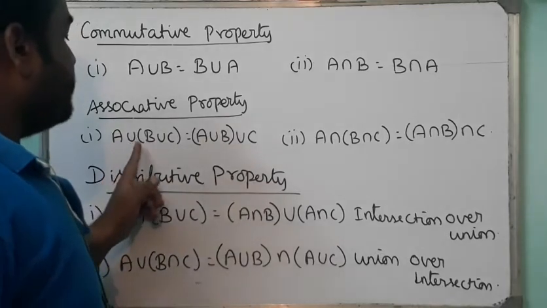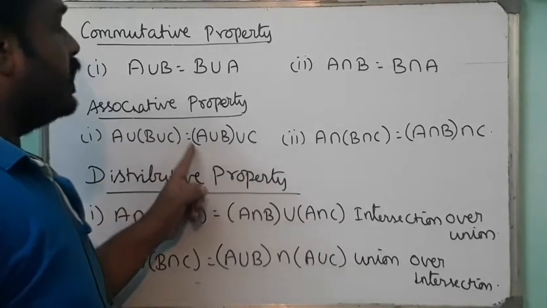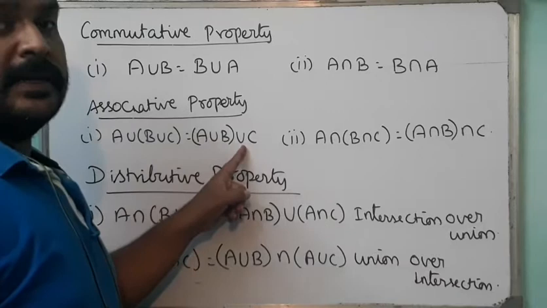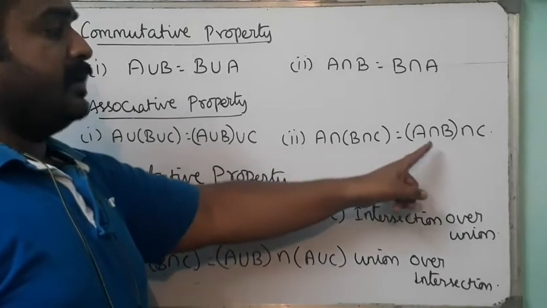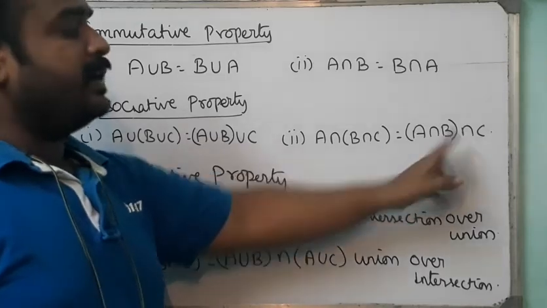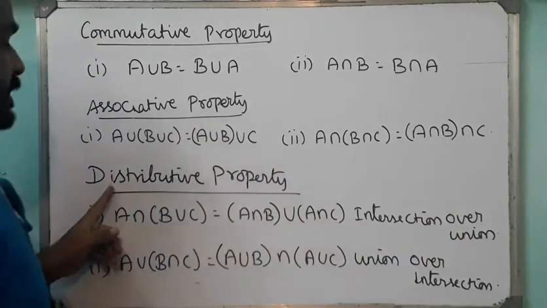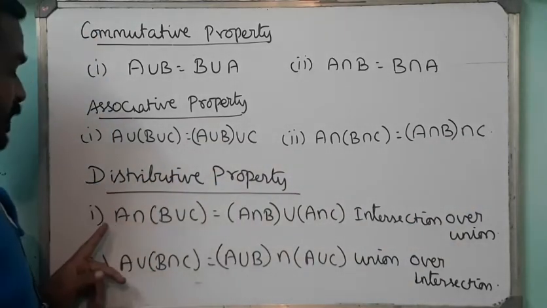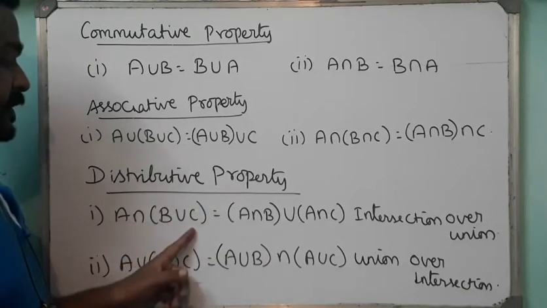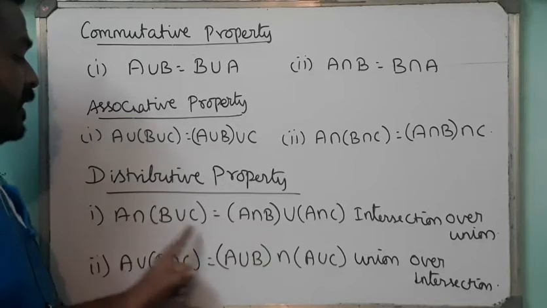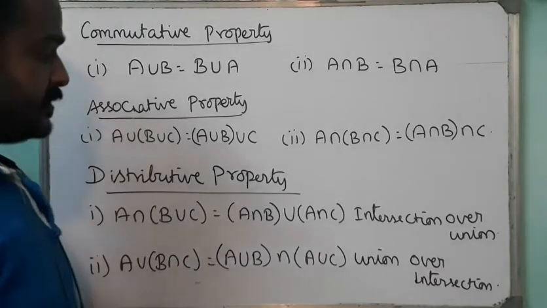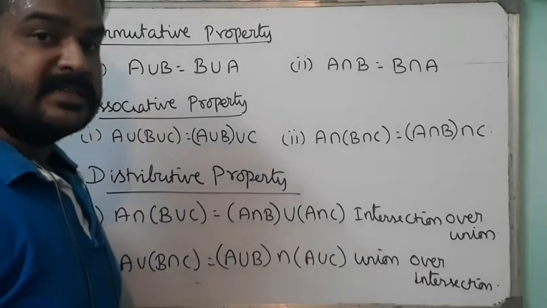A union (B union C) equal to (A union B) union C, and the second one, A intersection (B intersection C) equal to (A intersection B) intersection C. And the third one, distributive property. A intersection (B union C) equal to (A intersection B) union (A intersection C).